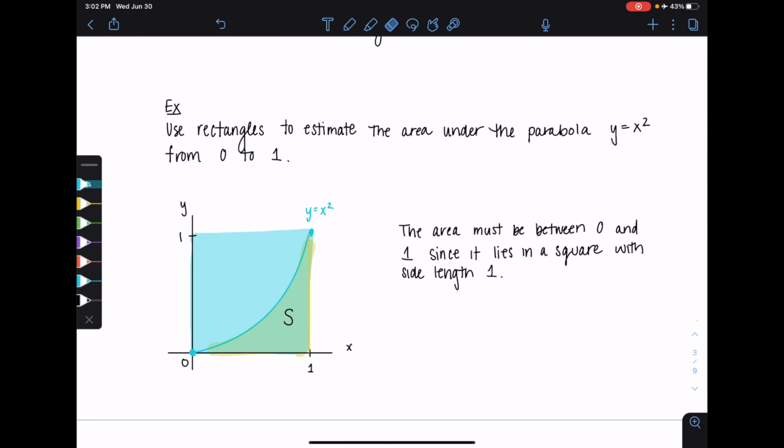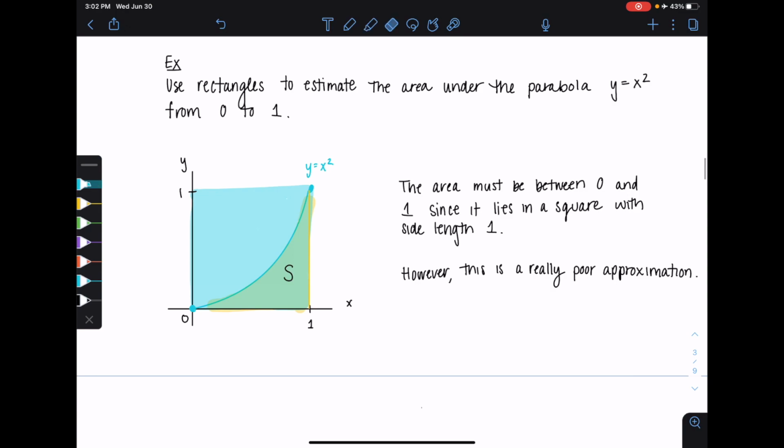So ultimately the area must be some number between 0 and 1 since it's in the square of length 1. But this is a really, really, really bad approximation. As you can see, 1 has all this extra space up here, which isn't very good. And I know I don't have 0 area, so not so great.